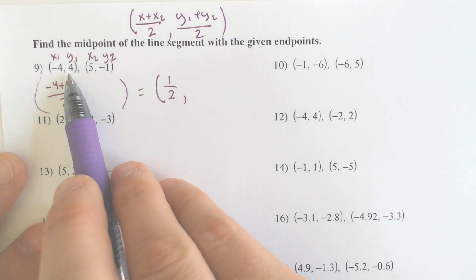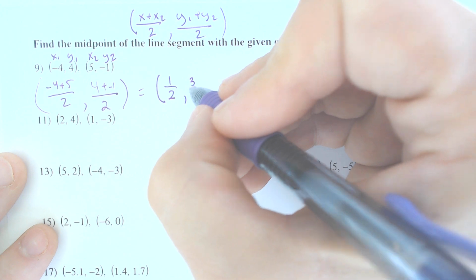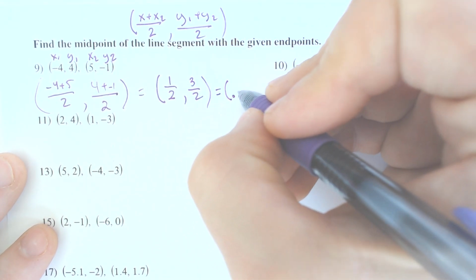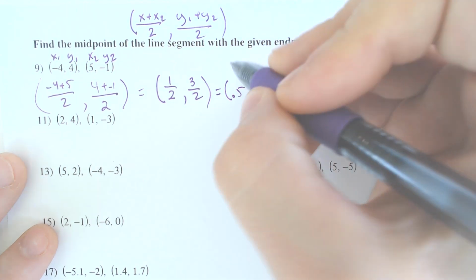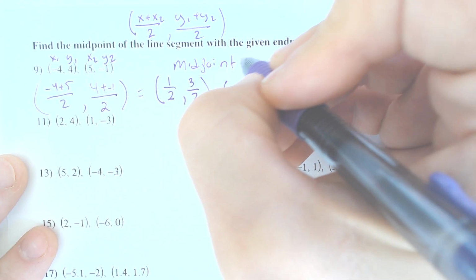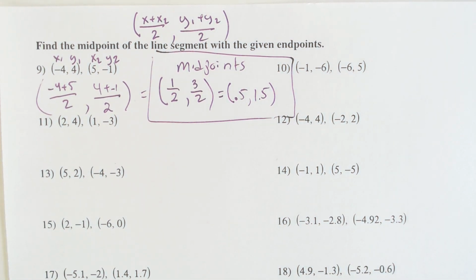And then the y values, we have +4 added with -1, divided by 2. +4 minus 1 is 3. 3 over 2 would be that value, which you could write as 1.5. So the midpoint is 0.5, 1.5. It depends on what you want, but both of these are the midpoint. They're the exact same point.